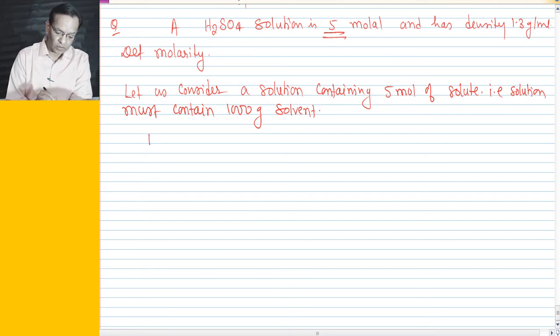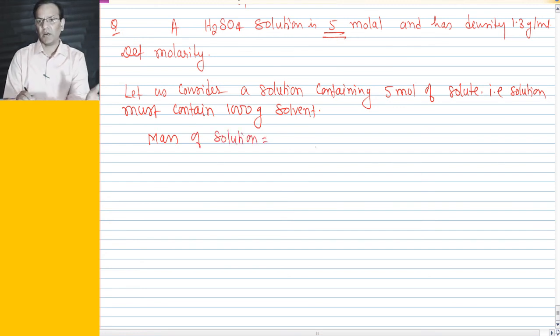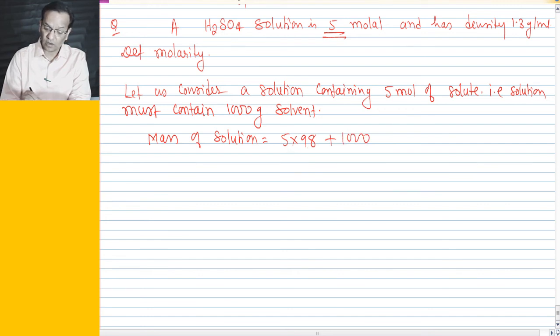So now mass of solution will be mass of solute plus mass of solvent. So 5 into 98 plus 1000. So it is 490, so it is 1490 gram solution.